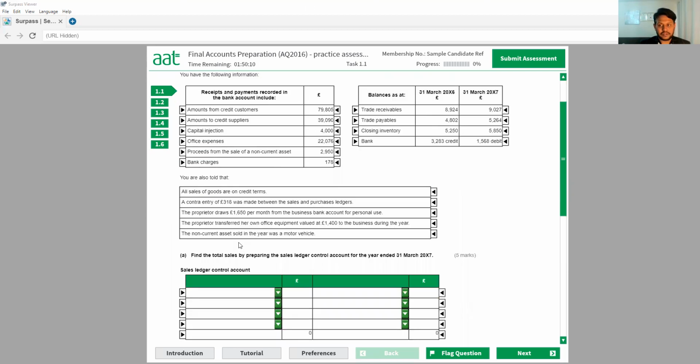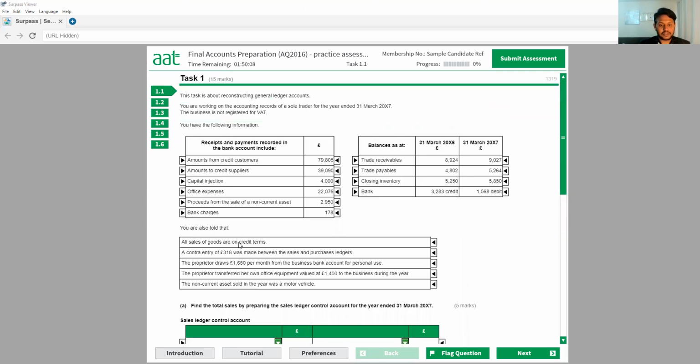All right, so you're going to prepare two T accounts on the corner. So let's make two T accounts. The first one we make sales ledger control, and the next one we're going to make bank.